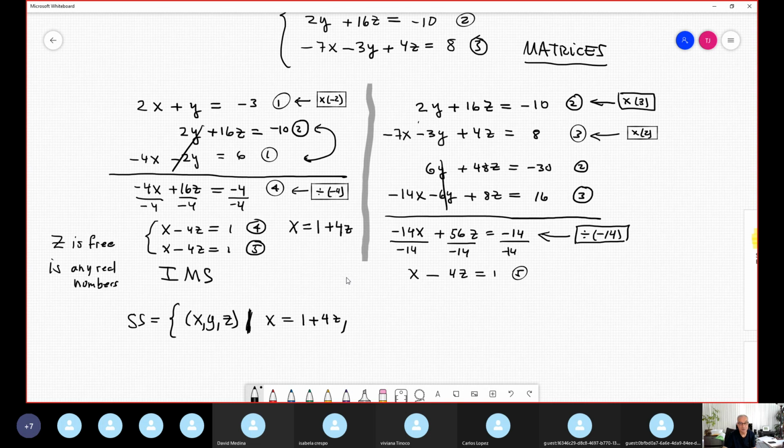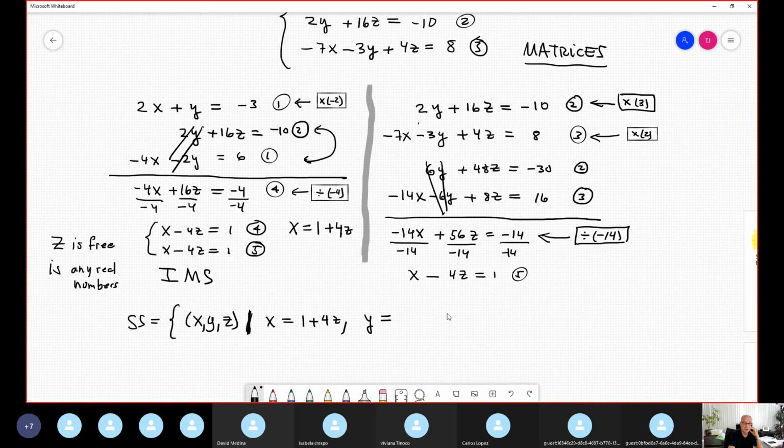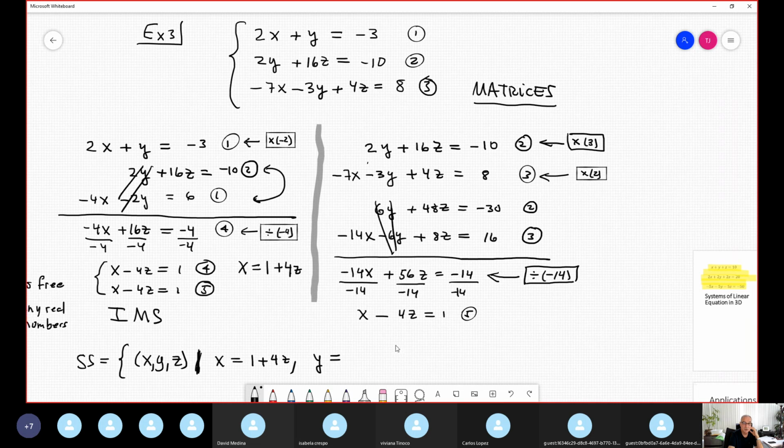Okay, nice. What about y? Well, y does not participate in this game because remember I deleted y in the first couple, I deleted y in the second couple. So I have no information for y. But yes, we have, because in equation number 2, this is the glue. This is the connection. Equation 2, look, 2y plus 16z equals -10.